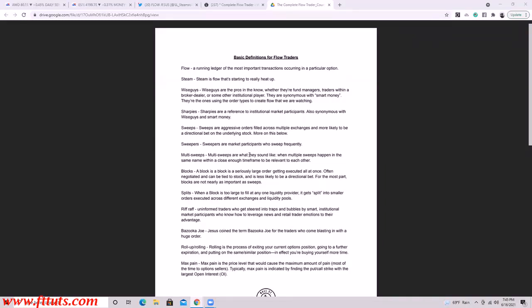A lot of times, thanks to software like Trade Alert, we can see which blocks are tied. With a lot of the other software out there, like Fidelity and Thinkorswim, you're not seeing that.